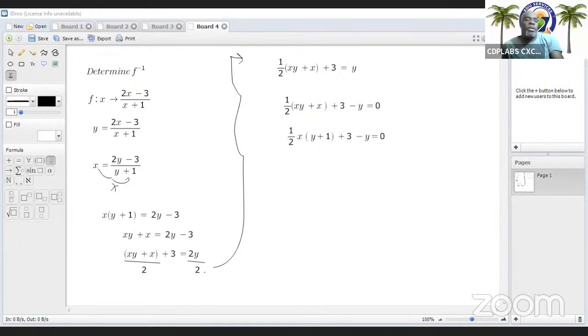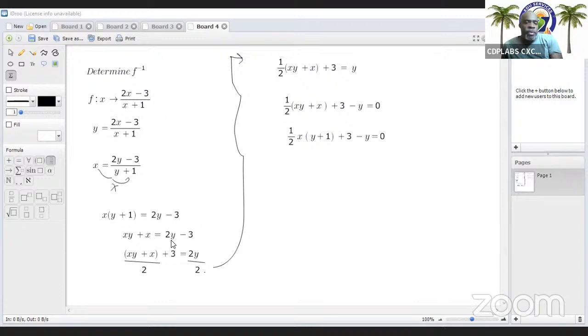So let's check back our steps again. We change f of x to y. Then we can replace them: 2x minus 3 over x plus 1. Then we cross multiply, we get this.